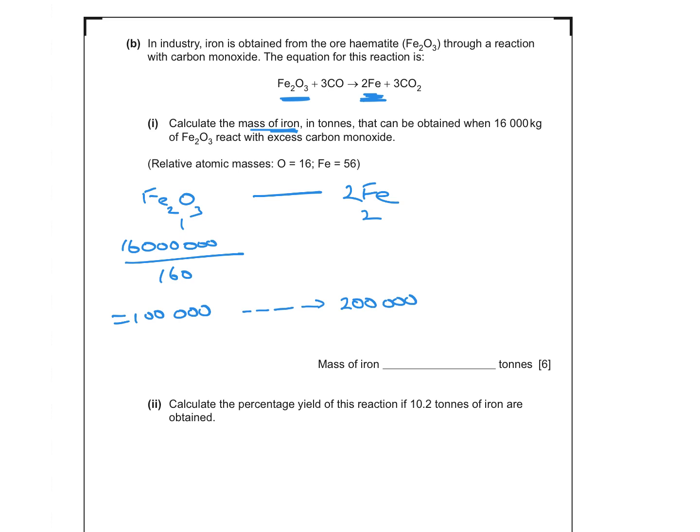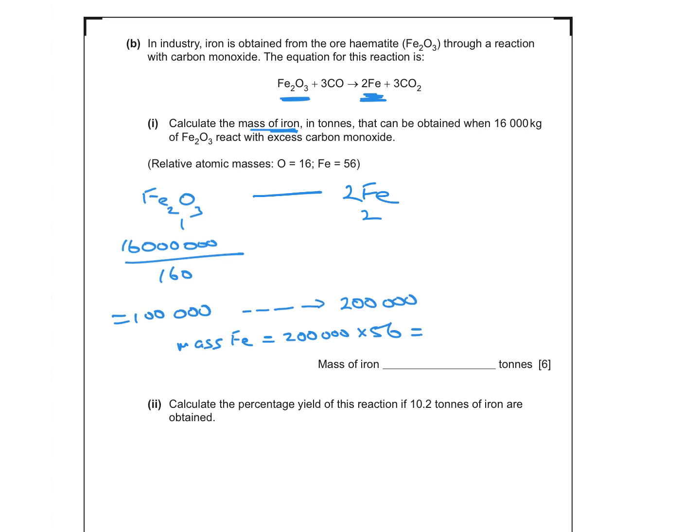Now let's convert that to a mass. So the mass of iron is going to be 200,000 times the RFM of iron, which is 56. You don't do 2 times 56. The balancing numbers are just there to work out the ratio of moles.